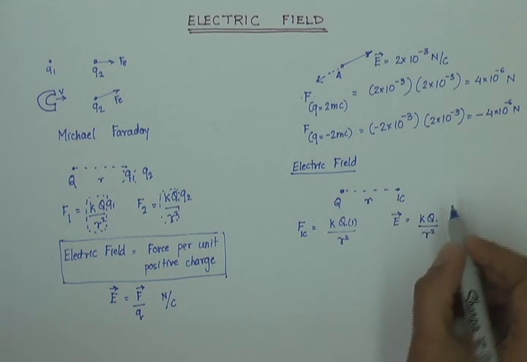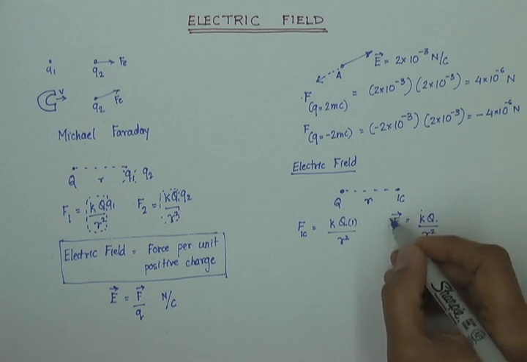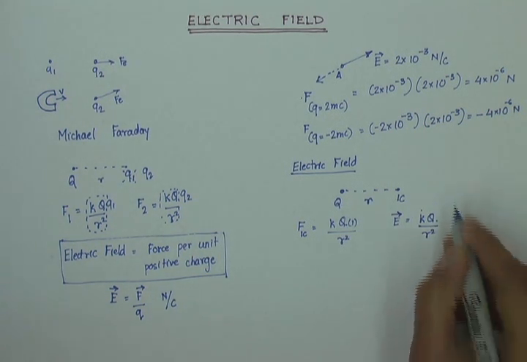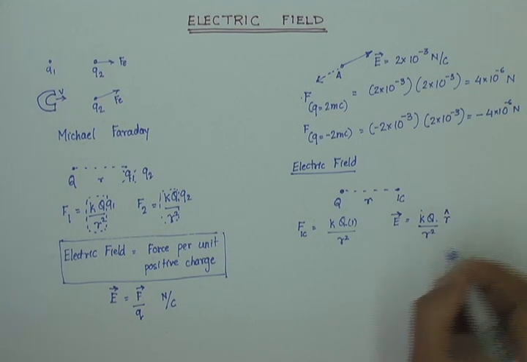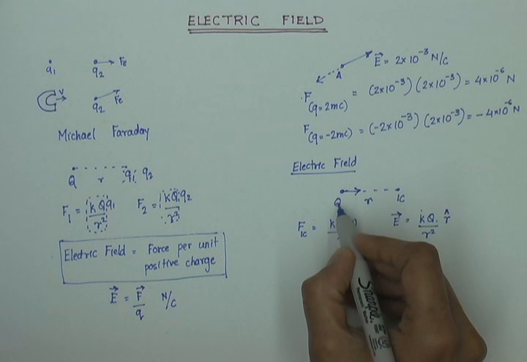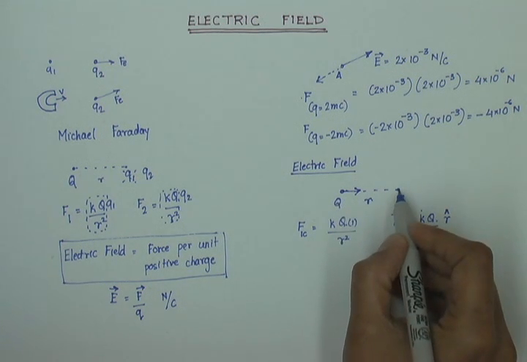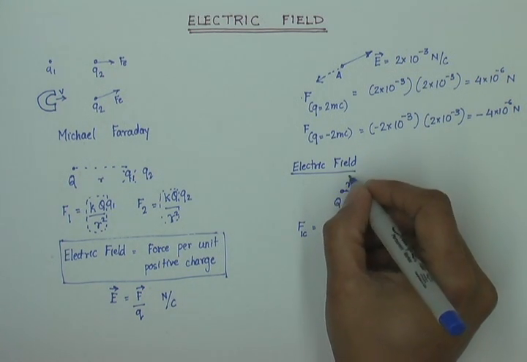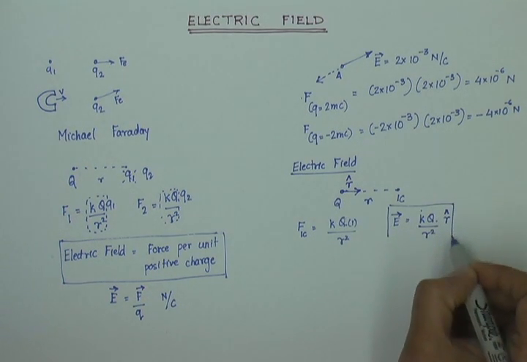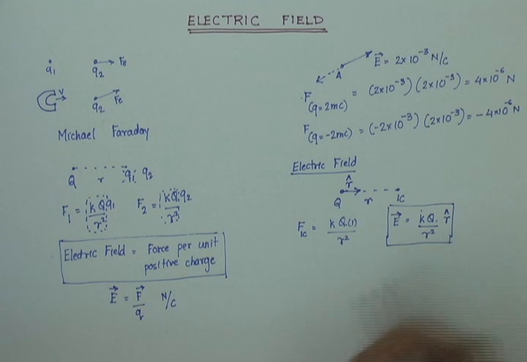Now this is just a magnitude, and since electric field is a vector, I need to know what the direction is, and the direction is given by the unit vector r cap, which is defined as the vector acting from Q towards my point of interest. And so here this is my r cap, and this gives us the electric field of a point charge.